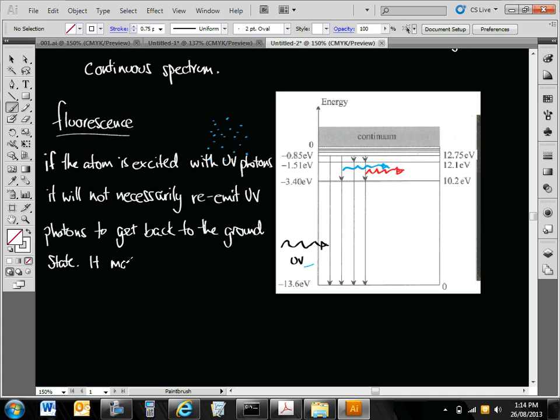It may, or they may, make more than one transition to get to the ground state.